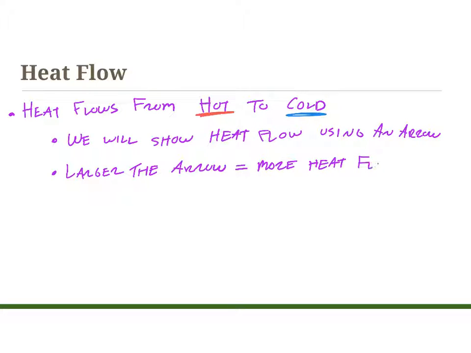So, if I have two objects that happen to be touching, one is hot, the other is cold. The arrow would show that we are transferring energy from the hot object to the cold object.